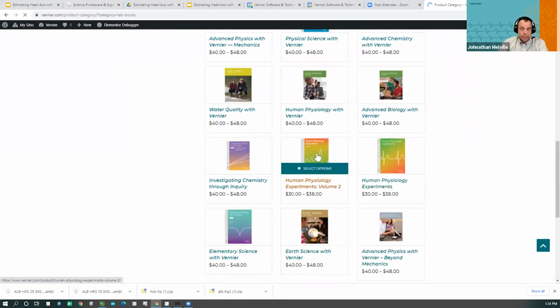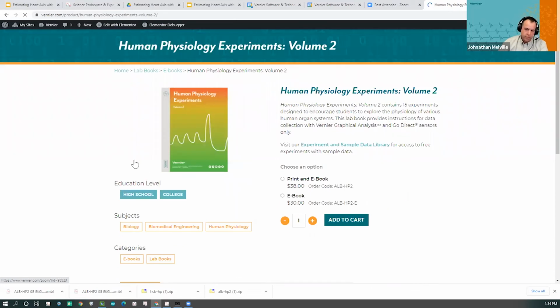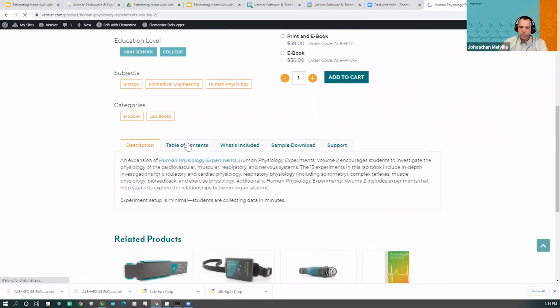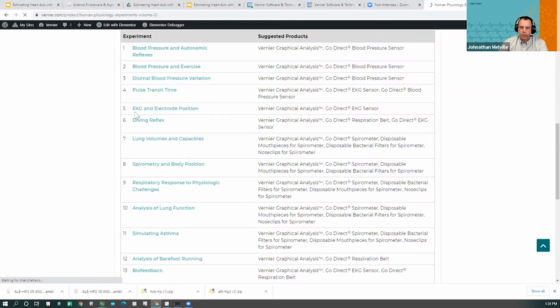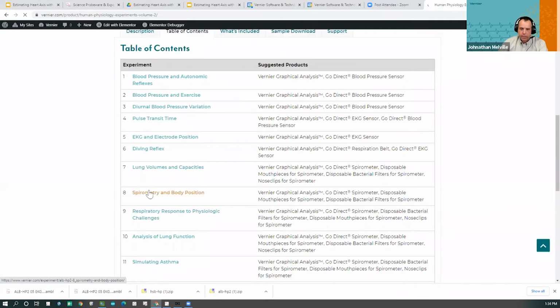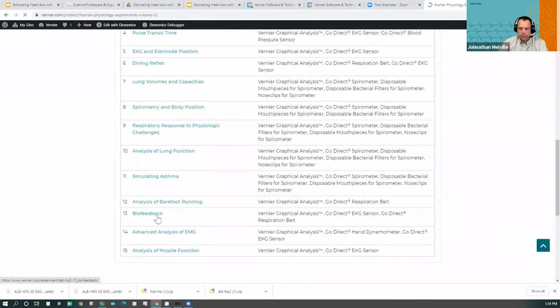Human Physiology Experiments 2 has more of the advanced labs in it, but it's still used, and it also uses our blood pressure sensor and our spirometer. You can take a look at the table of contents here. And we are actually doing lab number 5, EKG and electrode position. Then there's a bunch of other lab activities that are in it, including biofeedback, advanced analysis of EMGs, and other things.